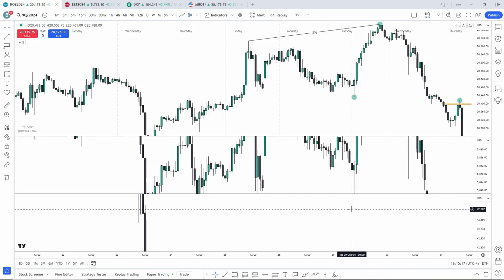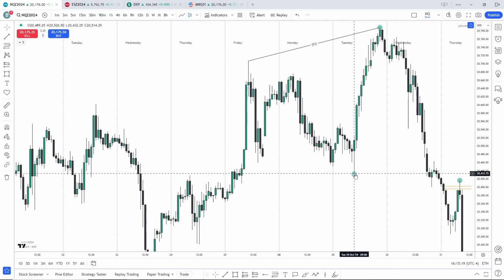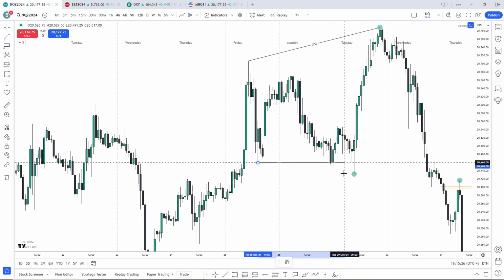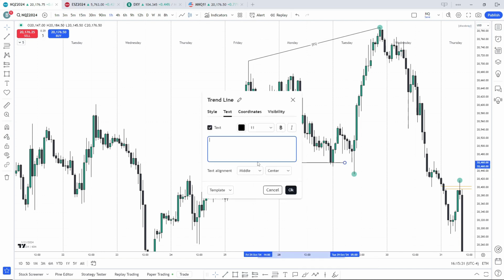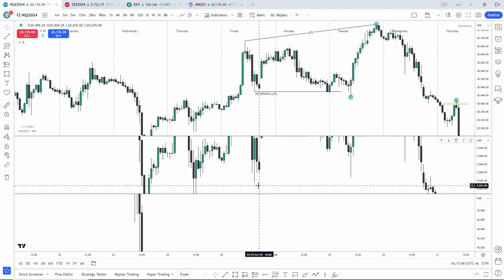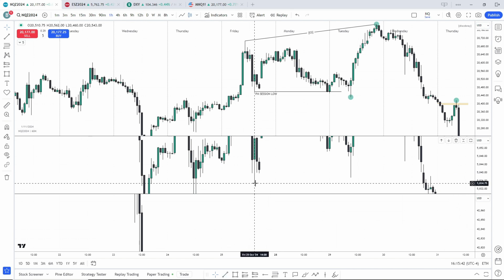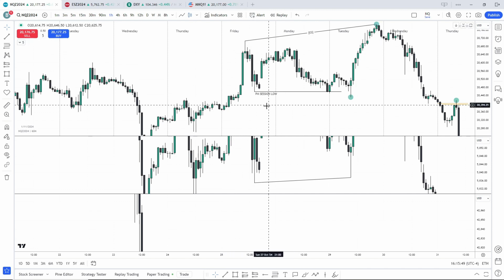We can see we formed a low at 9 a.m. trading below this Friday PM session low. We see ES failing to trade below that PM session low. So this will be the low of the range. The high of the range will be Friday's high.